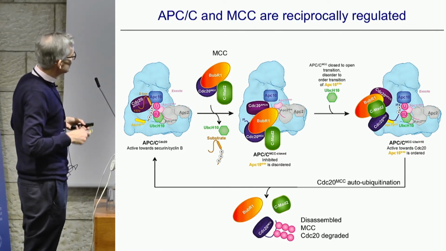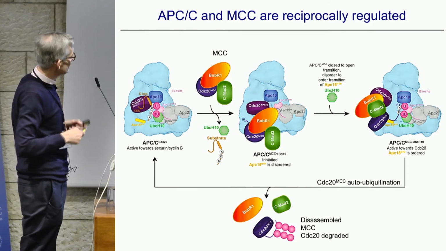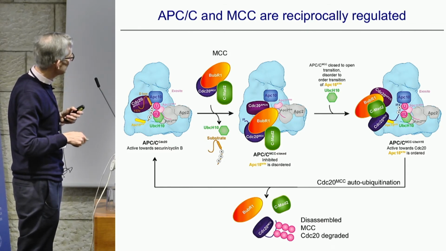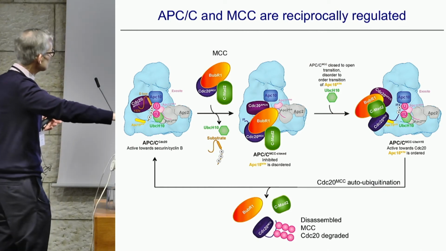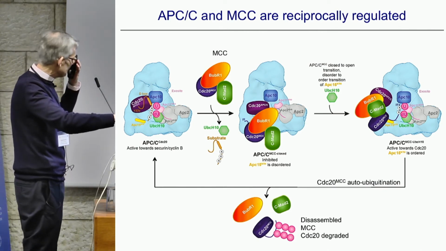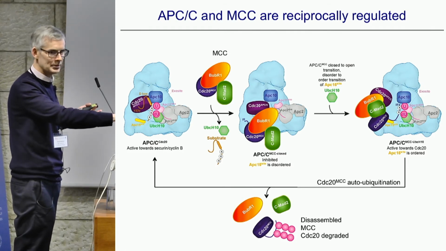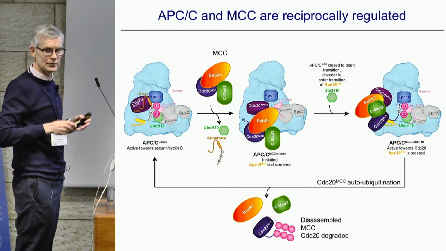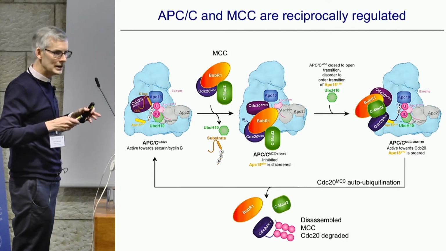So that means this reactivation mechanism will now dominate because there's no more MCC being generated by the unattached kinetochores. And now the APC will spontaneously reactivate to form the active APC-CDC20 complex. So this explains why the signal from the SAC only occurs from the unattached kinetochore, because they're producing the MCC which inhibits the APC. Attached kinetochores do not need to generate and transmit a signal to turn on the APC.